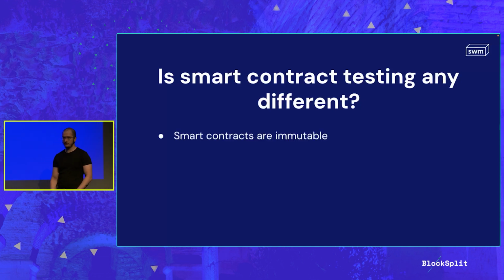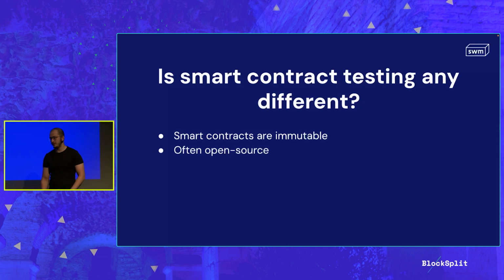So is smart contract testing any different than testing normal, regular programs? They are immutable, so that's one thing that you have to take into account when writing tests, because the consequences can be quite daunting, especially if the contract doesn't implement any upgradability.